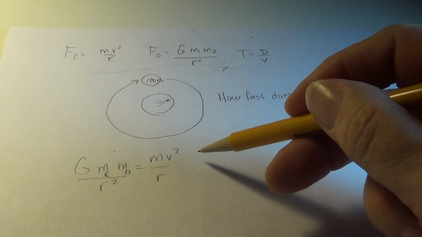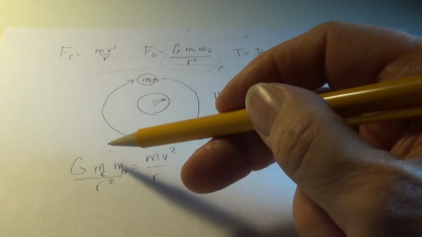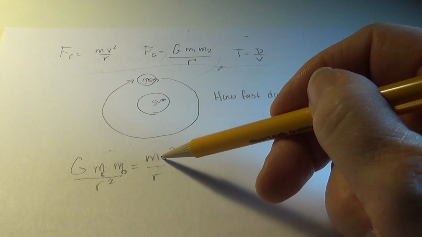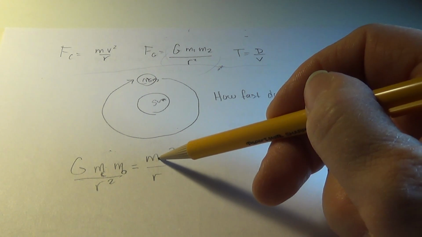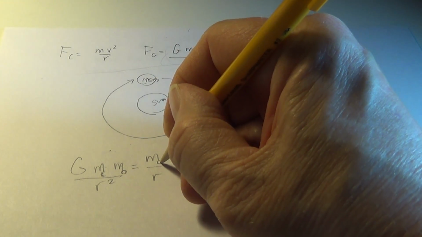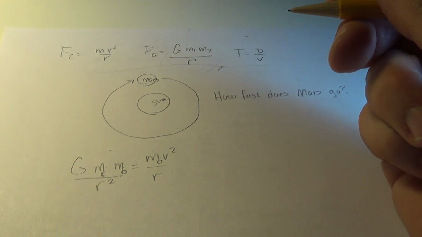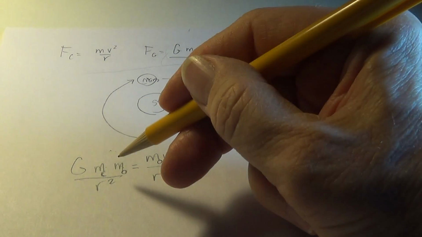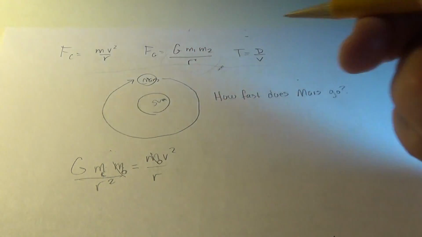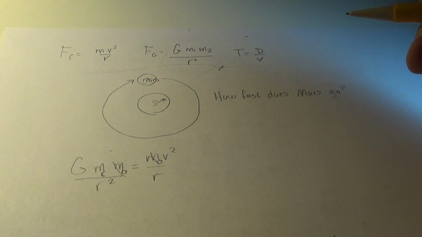Over here, which one of these is represented on this side? You have to know whether this one is the one that's in the center or the one that's orbiting. This is the orbiting mass, as well as this one. So mathematically, if the m orbiting appears once on each side, I can cancel them out by division.